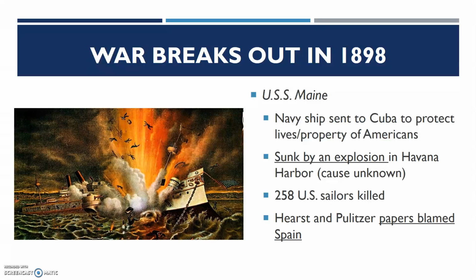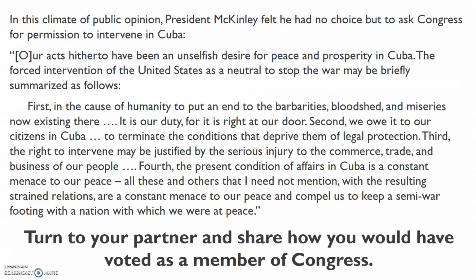The cause of the explosion is unknown, but 258 sailors were killed, and Hearst and Pulitzer used their papers to put all the blame on Spain, even though there was not enough evidence to support that Spain had indeed sunk the ship. So Americans were outraged and called for war. President McKinley addressed Congress and asked for their permission to intervene in Cuba.